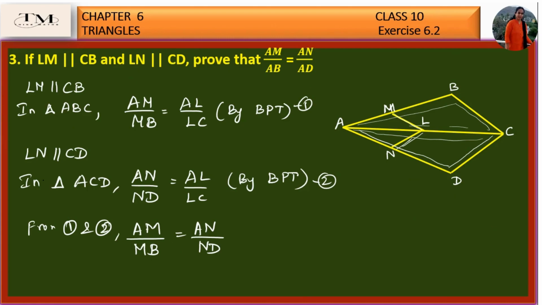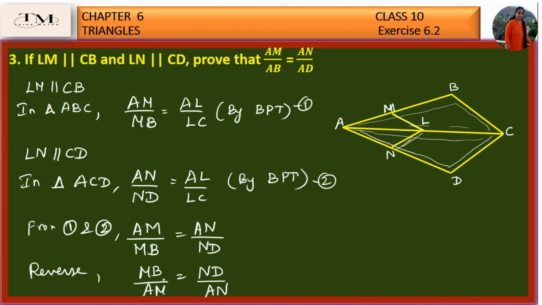So, but we need AM by MB. This AM and AN should not change. So, what I am going to do? I am reversing. Just I am writing MB by AM. Here also you have to reverse ND by AN because we need AM and AN.